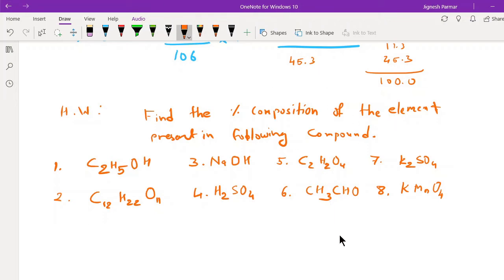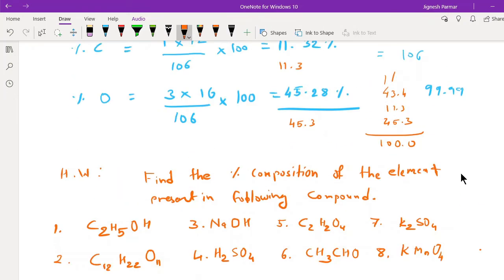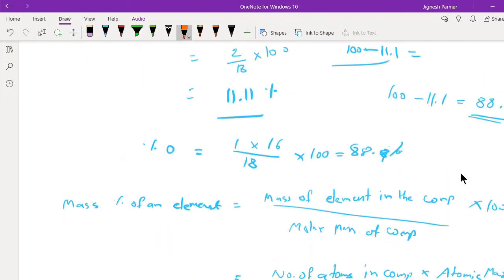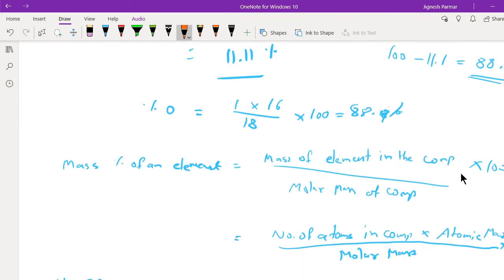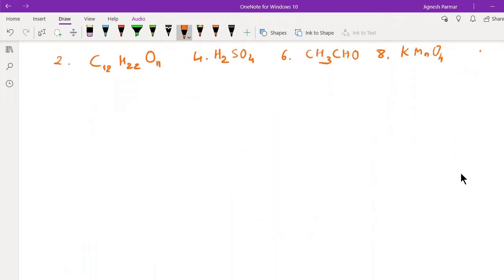Okay. Now let's see another concept. Here we have studied mass percentage, percentage composition. How can we find percentage composition?